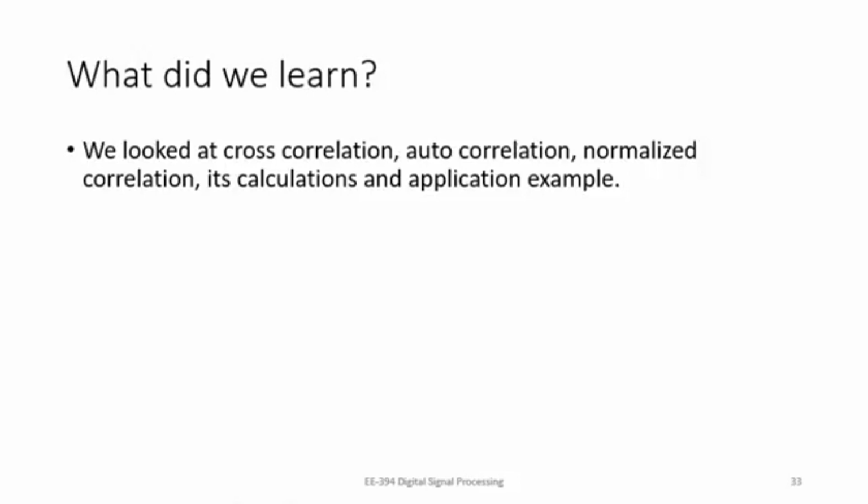And correlation in the vector sense is very similar to the dot product. So if the angle between two vectors is 0, then we get the highest projection. And if we have two vectors with a 90-degree phase shift between them, then they are called orthogonal signals, and their dot product is 0, and the correlation is also 0.